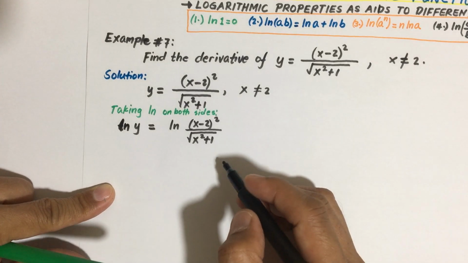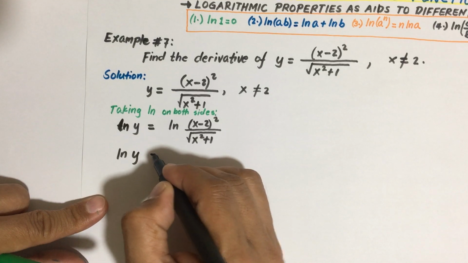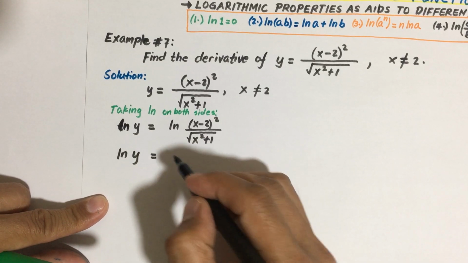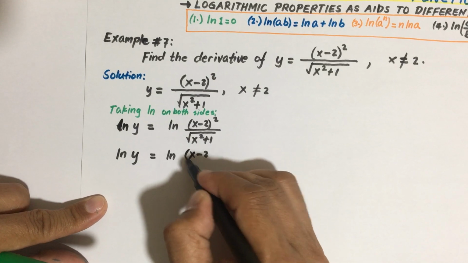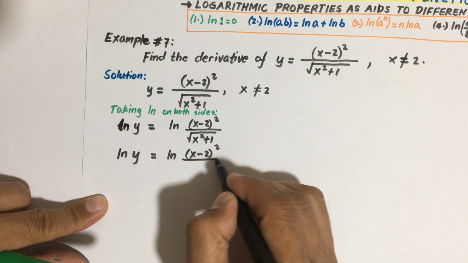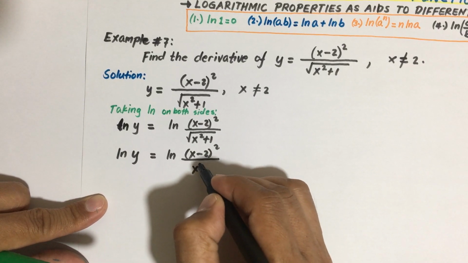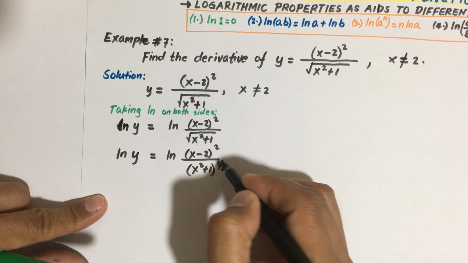Alright, and take note, the denominator on the right side could be written in a rational exponent. So you can write this as x squared plus 1 raised to the power 1/2.